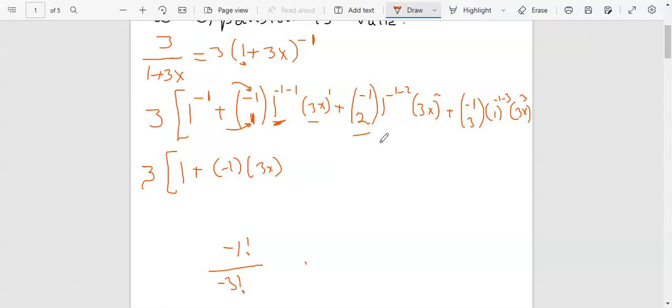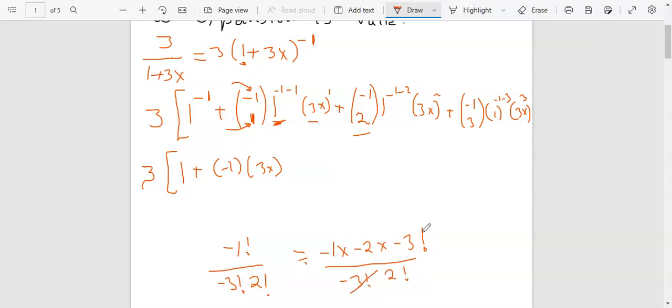You put a factorial, and then the same thing which is in the combination down, which is a 2, put a factorial. Negative 1 factorial means negative 1 times negative 1 minus 1, negative 2, times negative 2 minus 1, negative 3. Since I've got also negative 3 down, I'll put just the factorial here, and then divided by negative 3 factorial, 2 factorial.